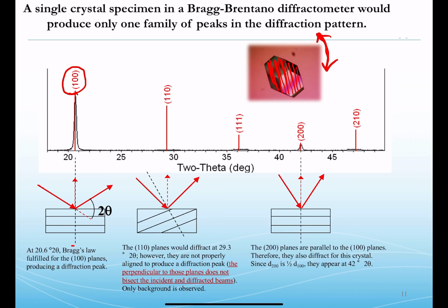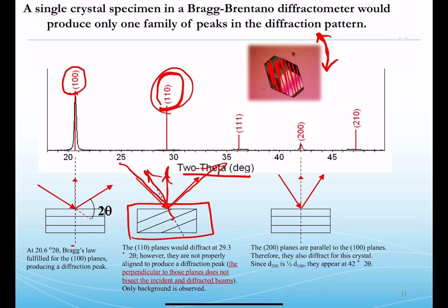Bragg's law would tell you that you should find an intensity here at around 29.5 degrees 2 theta, but because our plane normal is off angle from our diffraction vector, which bisects the angle of incidence from that where we have our detector, we will not see the predicted 110 because the sample planes are not aligned correctly.